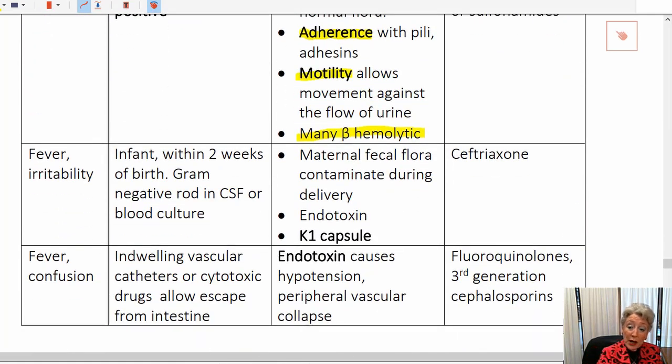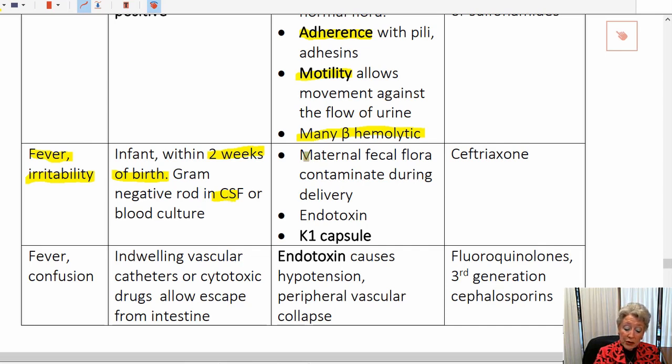When we're talking about neonatal meningitis, of course, it would be within 2 weeks of birth, an infant with fever and irritability, gram-negative rod in the CSF or on blood culture.